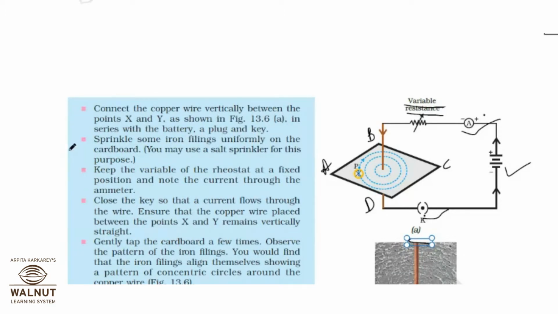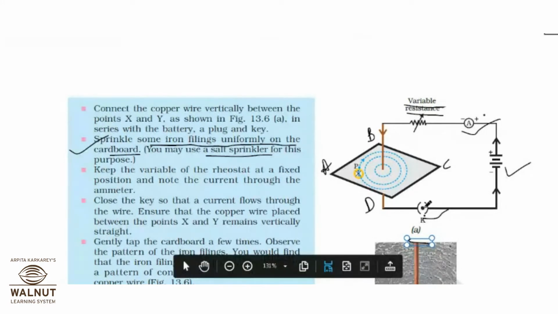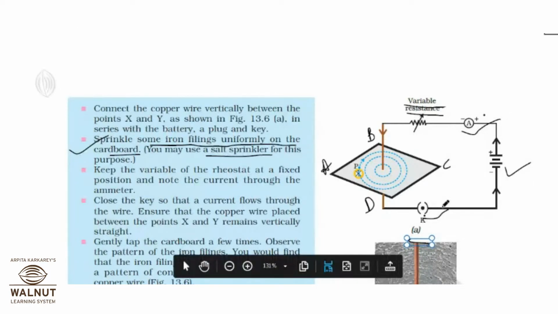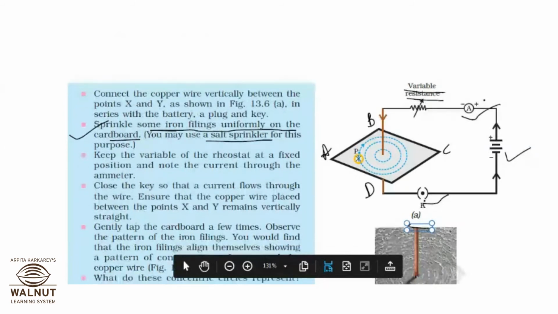Now what you are going to do, you will be sprinkling some iron filings uniformly on the cardboard. You may use a salt sprinkler for this purpose, so as to maintain the uniformity. Now once you make the key closed, the current will start flowing from positive to negative. What can you comment about the pattern of these iron filings? What can you see in this figure, figure A? How are they arranged?